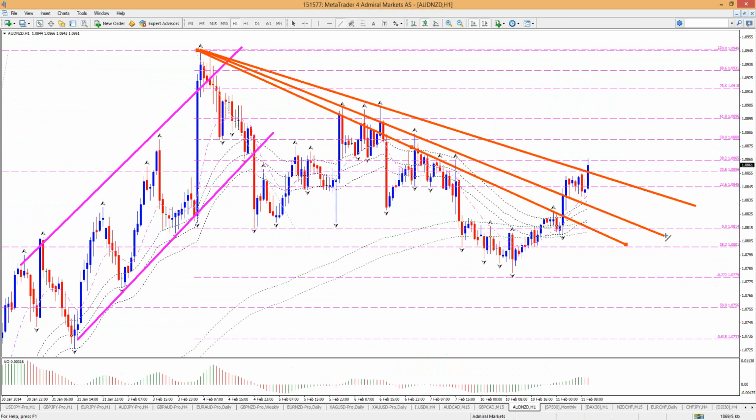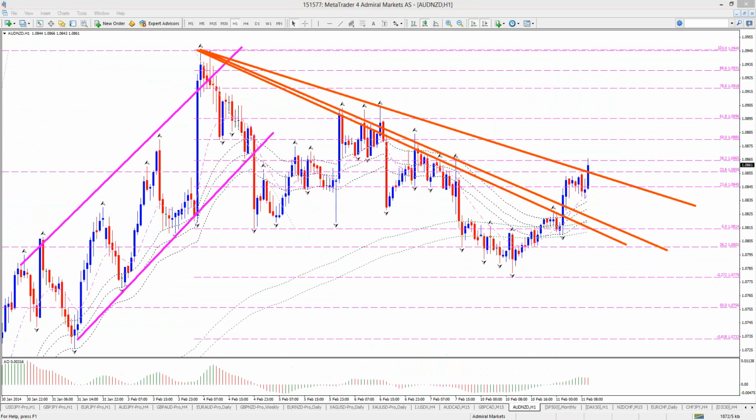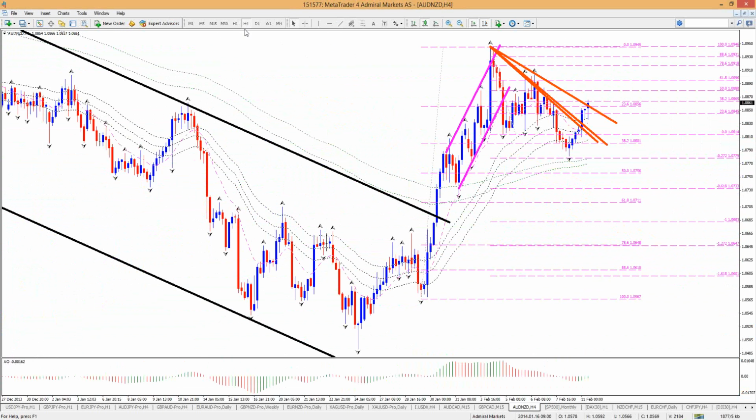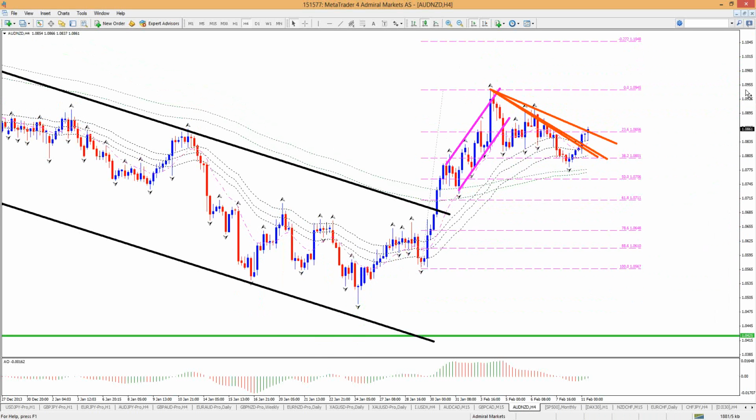There's nothing wrong with drawing multiple trend lines, by the way, because trend lines are a rough approximation of price, so there's nothing wrong with having multiple ones on our chart. So the odd New Zealand is in fact looking like it's breaking to the upside. We already had a pretty sturdy upside here, so looking like we can continue with that to test 110.